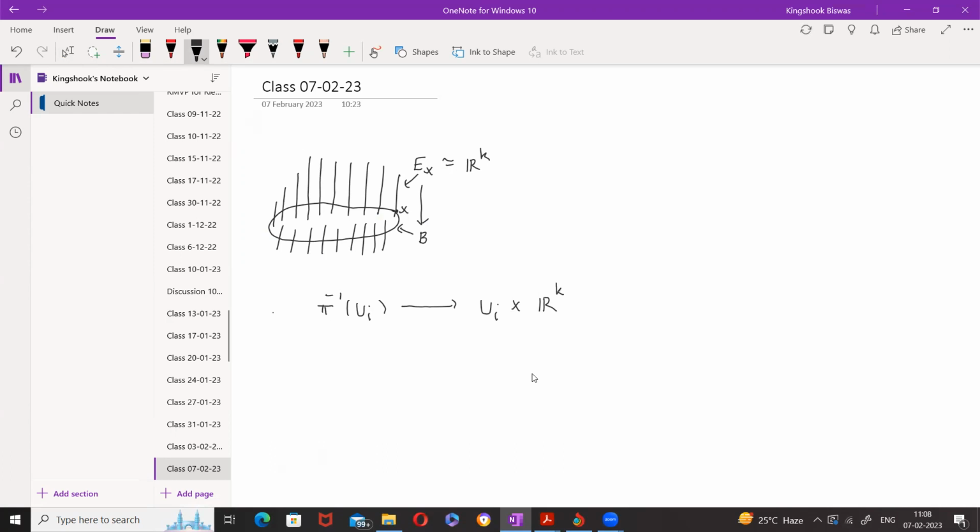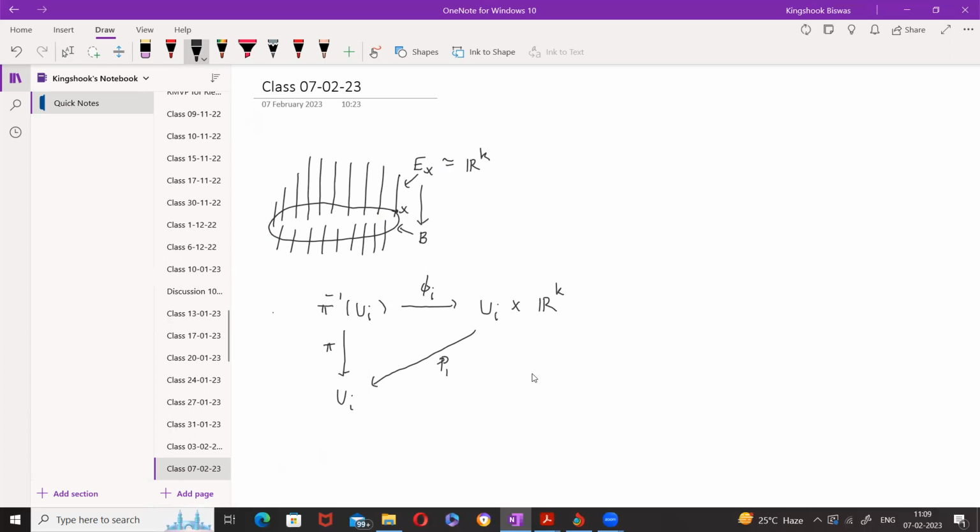And this maps under the projection pi to U_i, and this also maps under the projection to the first coordinate here. So let me call that P1, to U_i. Okay. And so this diffeomorphism phi_i, this diagram commutes.